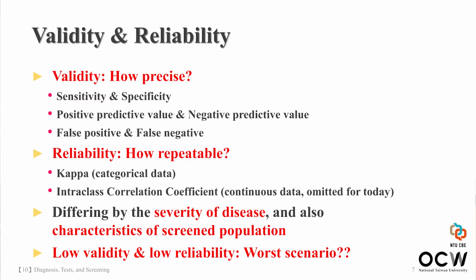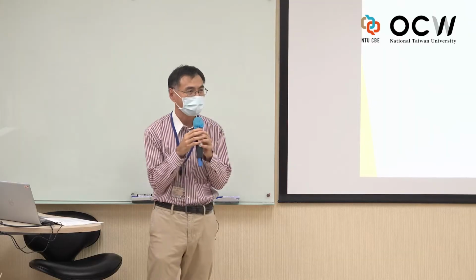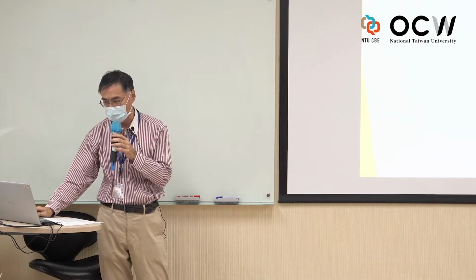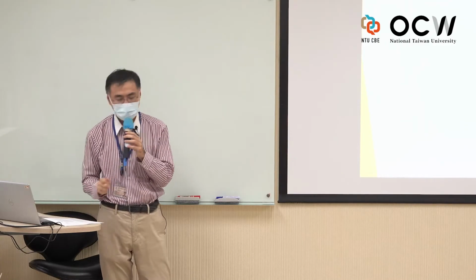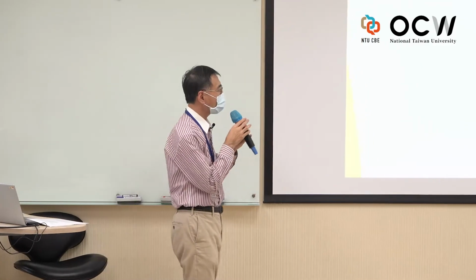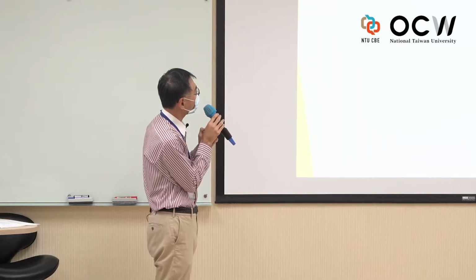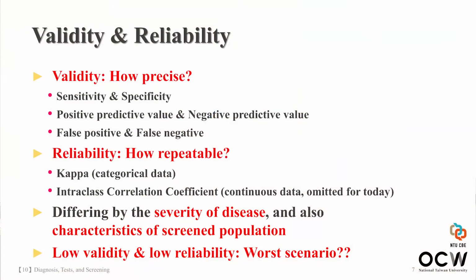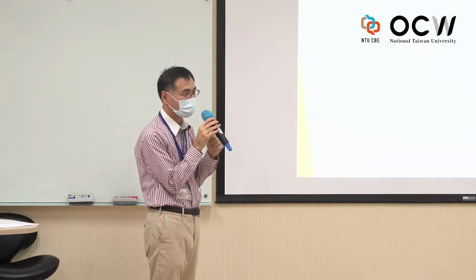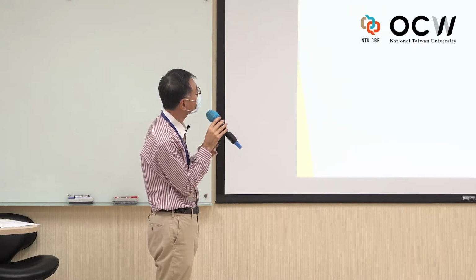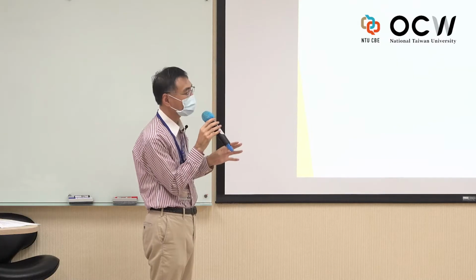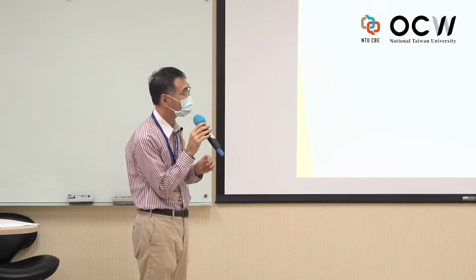Validity is asking the question about how precise. The major ones are sensitivity and specificity. I'm going to define them later in the next slides. And also, with exact the same information, we could generate other indicators like positive predictive value and negative predictive value. I'm going to talk about it in the next slide. But sensitivity and specificity are the essential ones.